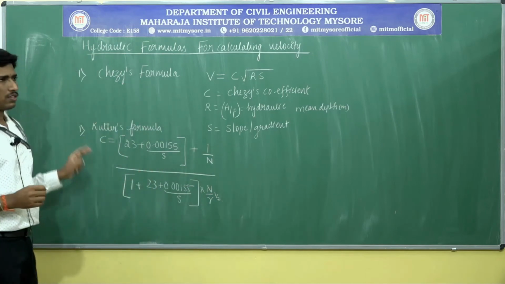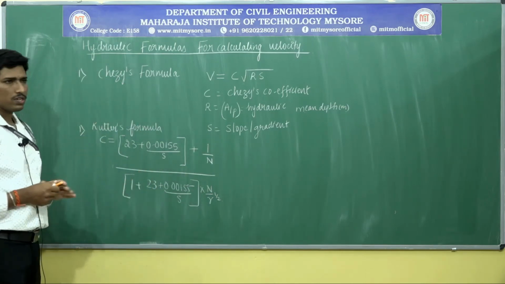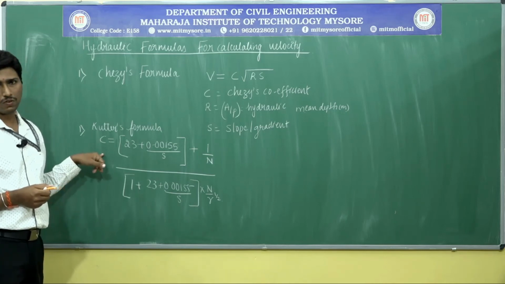This is the formula by Kutter's equation where the Chezy coefficient can be determined.